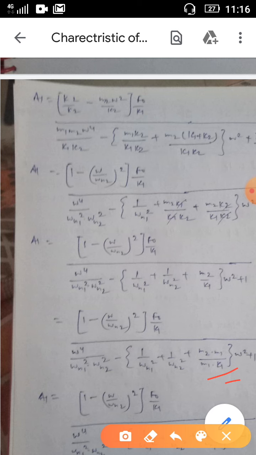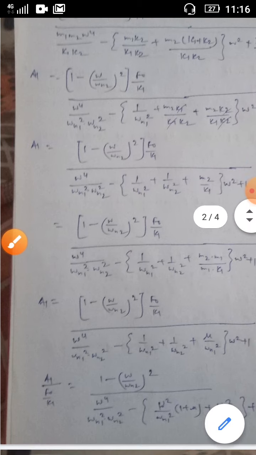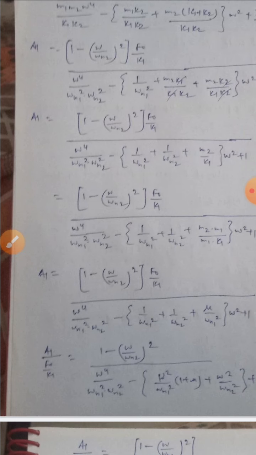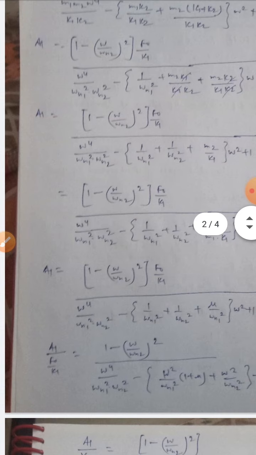So a1 is equal to 1 minus (omega upon omega n2) square, f naught by k1, over omega power 4 upon omega n1 square omega n2 square minus 1 upon omega n1 square plus 1 upon omega n2 square plus mu upon omega n square, because omega n1 is equal to under root k by m1, so omega n1 square is equal to k1 by m1, into omega square plus 1.